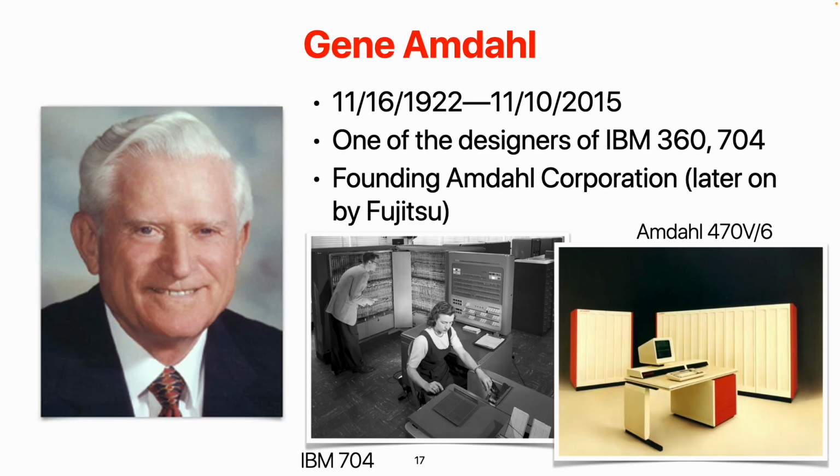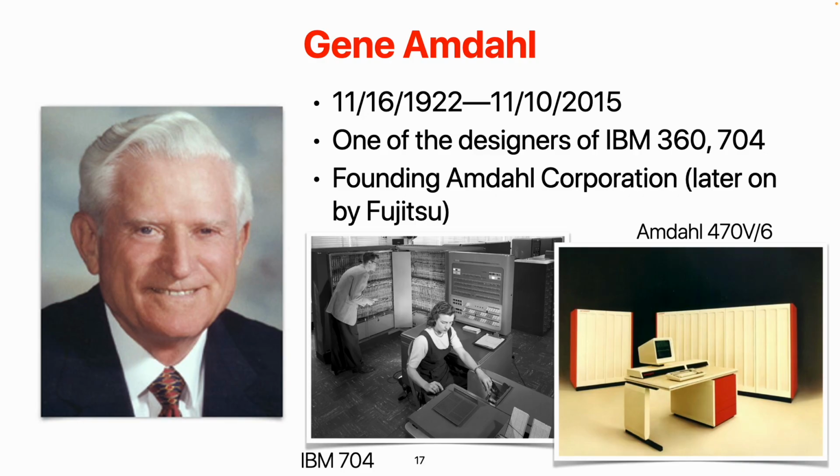So first of all, Amdahl's law is named after Gene Amdahl, who was born in 1922 and passed away around 10 years ago. He is one of the designers of the IBM 360 and 704. I don't know what kind of machines they are, but based on the picture, this is the 704. This is not an office.